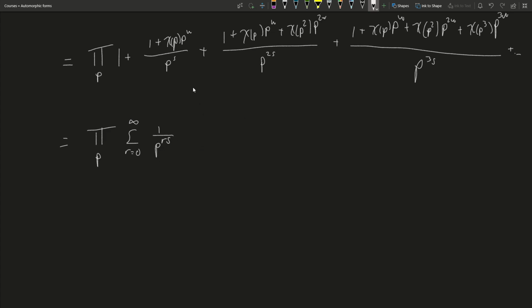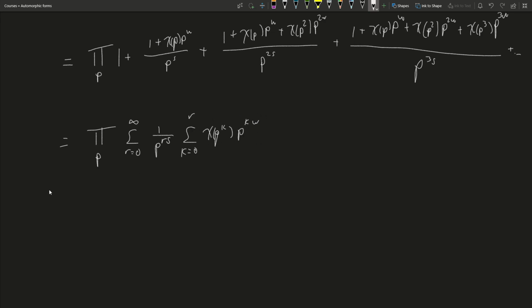That's the denominator. And then the numerator is going to be a sum, k goes from 0 to r of chi p to the k times p to the kw.